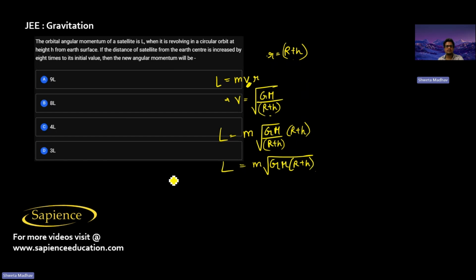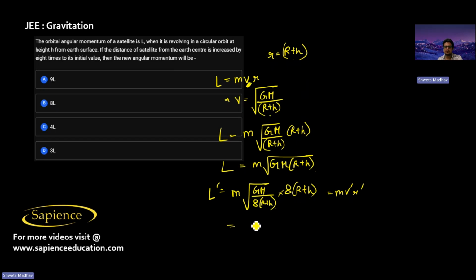Now if the distance from the Earth's center is increased to 8 times its initial value, so now L dash will be equal to m into root over GM by 8 times (R plus h), into 8 times (R plus h), that is v dash into r dash, the new orbital speed into the new orbital radius.